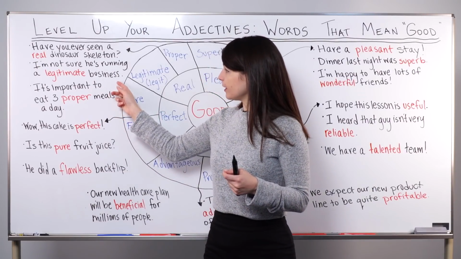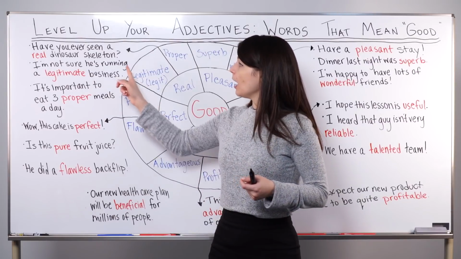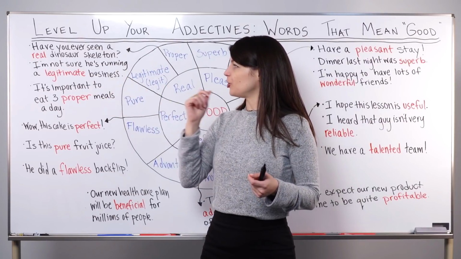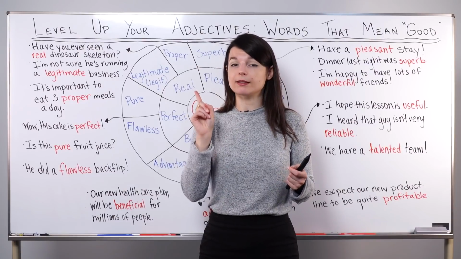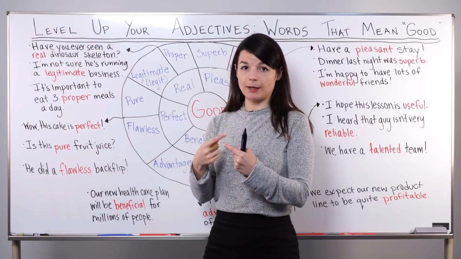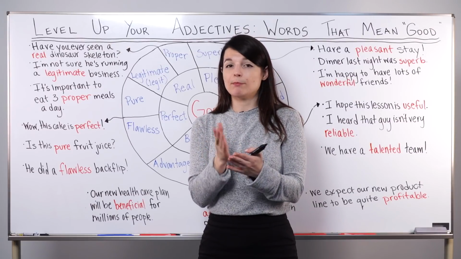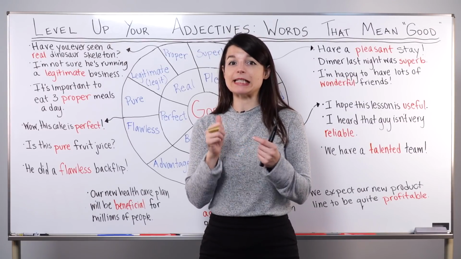The second example sentence uses legitimate, or we could say legit as well. I'm not sure he's running a legitimate business. This means I'm not sure this person is running, meaning operating, a legit business. I don't think his business is legal.